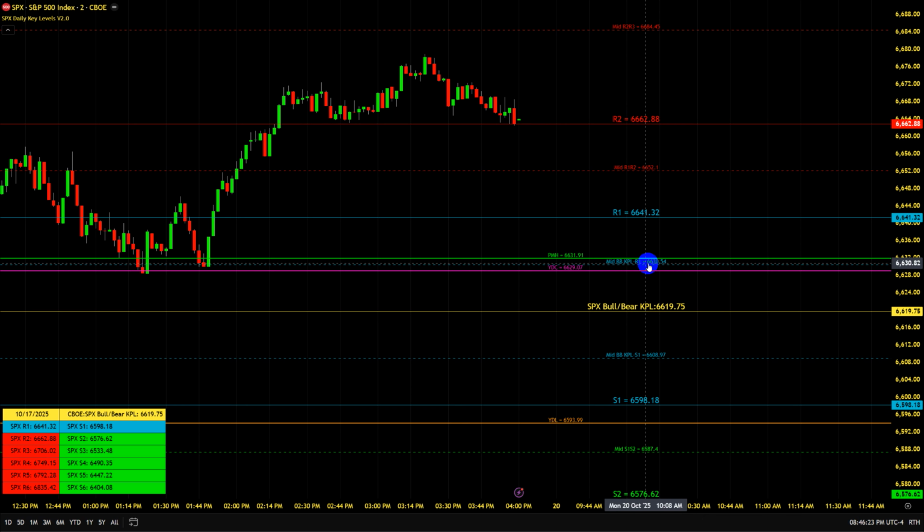It's going to be the 66.30 call. The furthest out of the money that you want to go for a bullish play off of the bull bear key price level would be 1 full level above. That's 66.41.32. So for today's session, if you wanted the furthest out of the money call on a bullish play from the bull bear key price level, you look for the strike closest to this, and that would be the 66.40 call option.